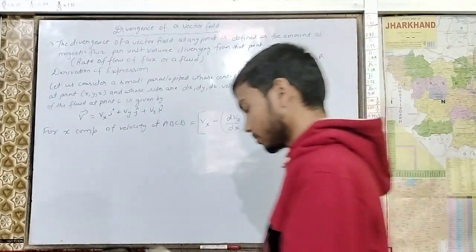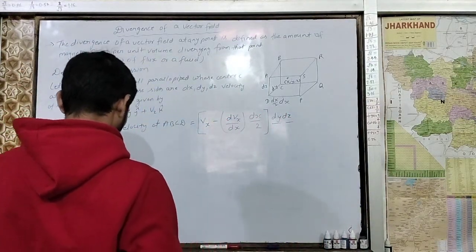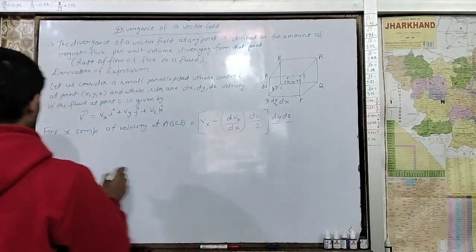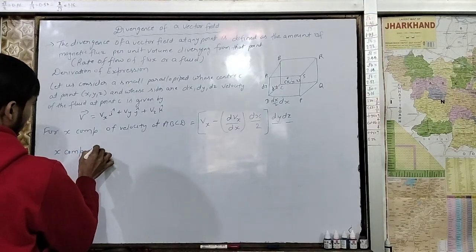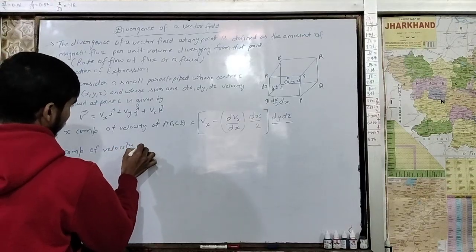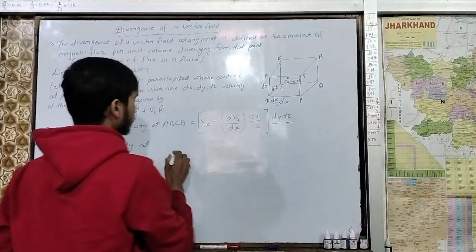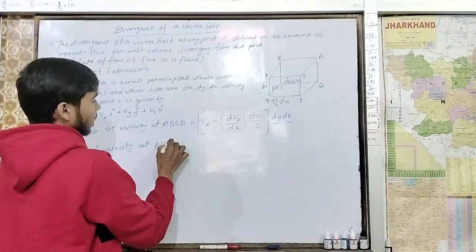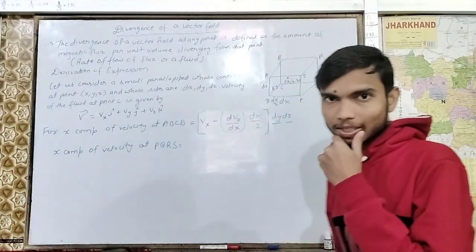Now next. X component of velocity at the next surface. Next surface is what? PQRS. Try to understand.